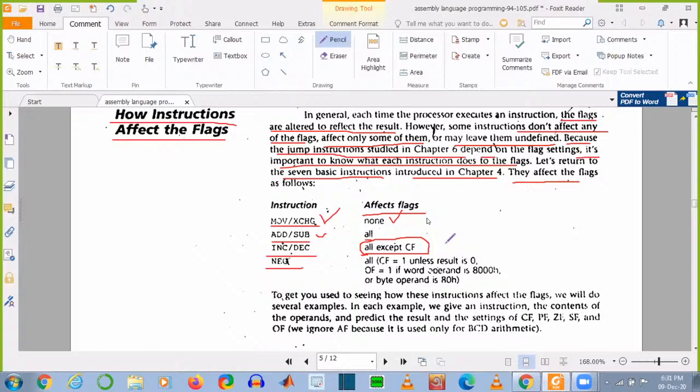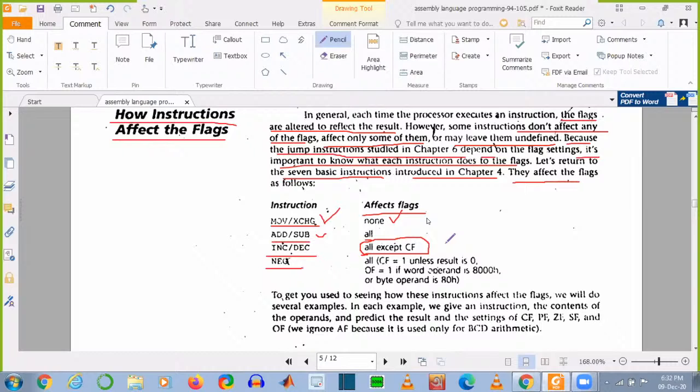That means if you perform the increment and decrement operation, the carry flag will remain 0, whatever the result of that operation. Suppose AX has 4F, and you are writing increment AX, then what will happen? The 4F plus 1 will be 65536, but still CF will remain 0, because increment and decrement do not affect the flag.